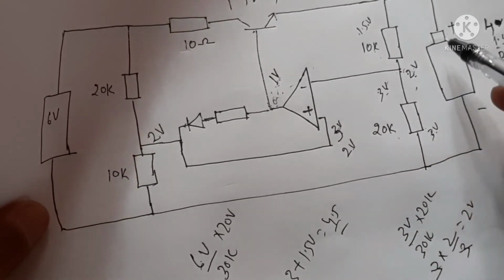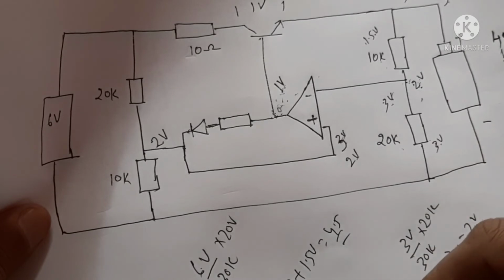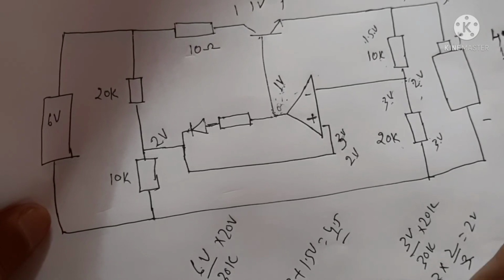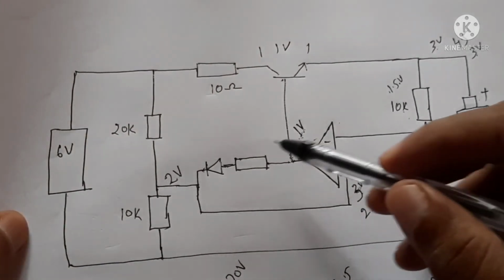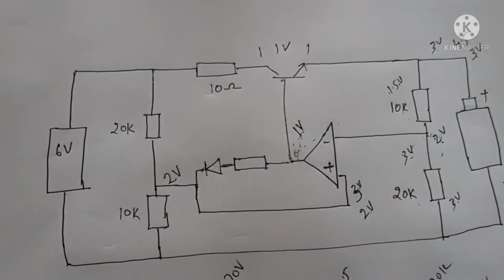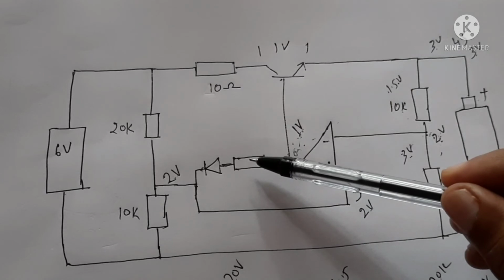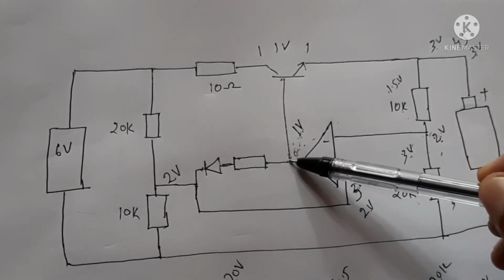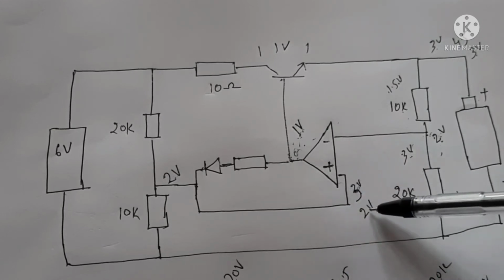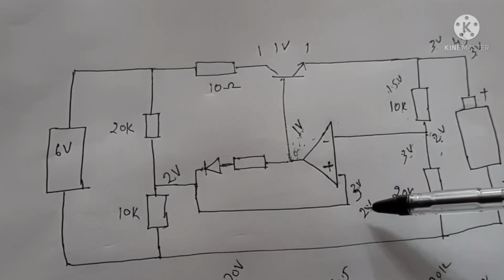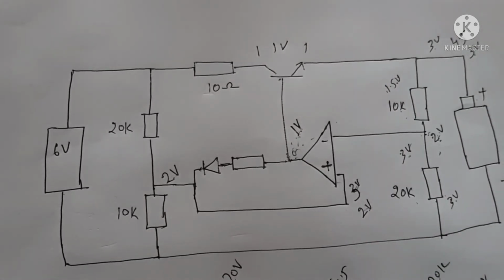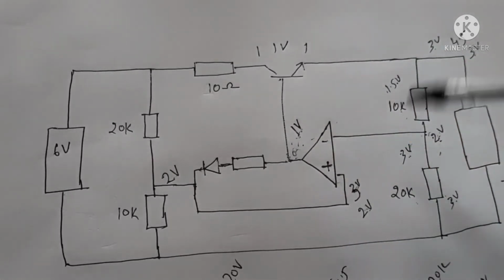The battery will be charged only when it falls below 3 volt, and it will cut off when the voltage becomes 4.5 volt. So by using a single operational amplifier, we can design an automatic on-off battery charger. This feedback is called hysteresis. Hysteresis means we are taking the output and giving a feedback to the reference point, so that the reference voltage is changed from a low value to a high value, so that we can avoid the continuous on-off.